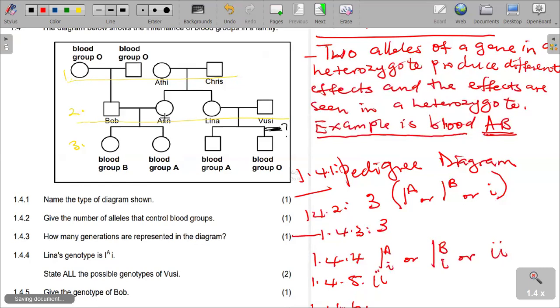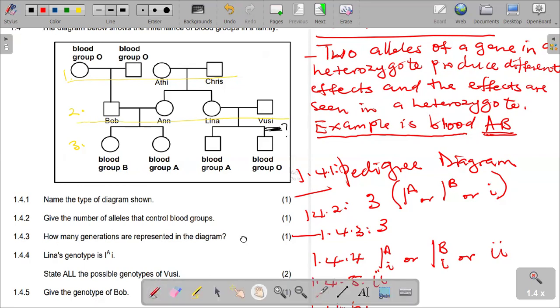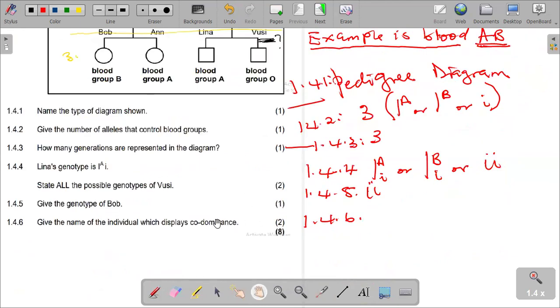N is the person who is blood type AB, where we are saying N and Bob can have a child who is blood type B, who is blood type also A. So question 1.4.6, the individual who displays codominance, we are saying can be N. She is the person who can be blood type AB based on our pedigree diagram.